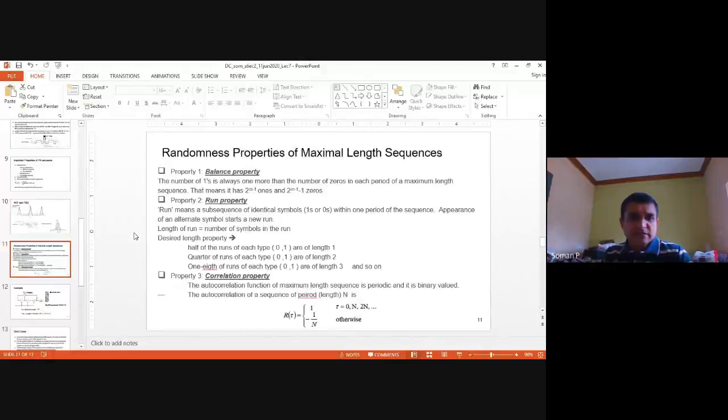So a run is defined as the number of identical symbols, ones or zeros basically, within one period of a sequence. Whenever an alternate symbol comes, the previous run stops and a new run starts.